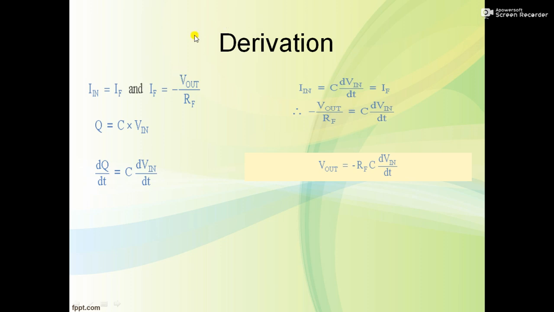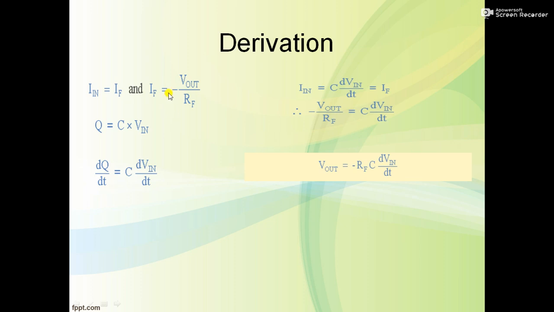Now come to the derivation part. In the derivation part, In is equal to IF. Whatever input current is flowing through the capacitor C, the same amount of current is flowing through the feedback resistance also.